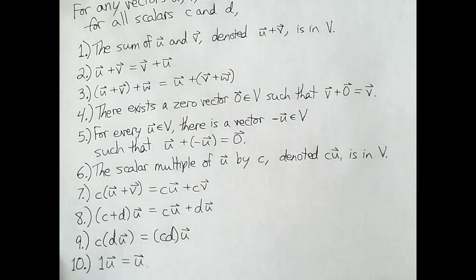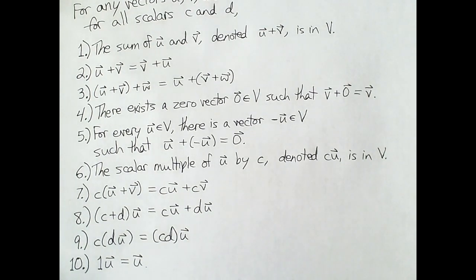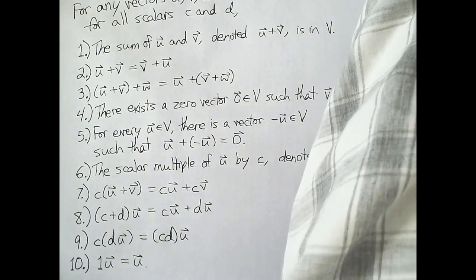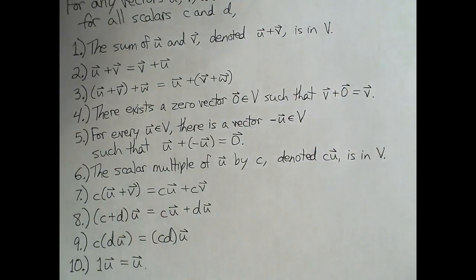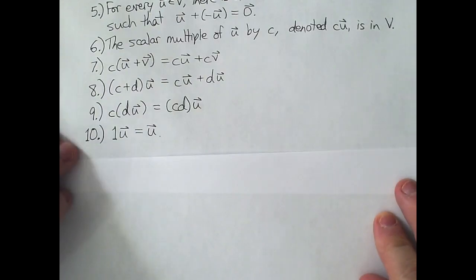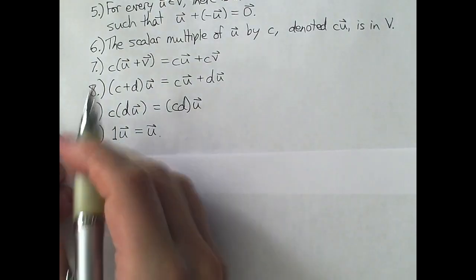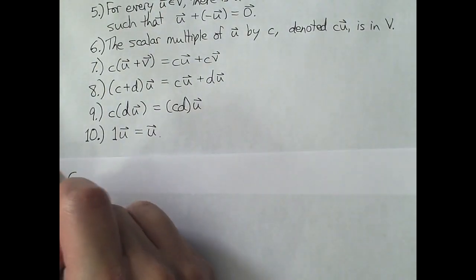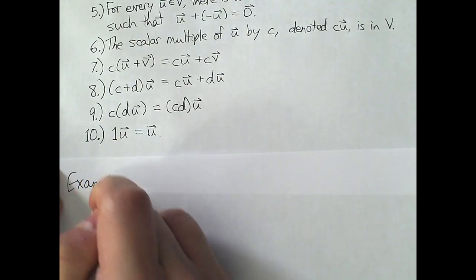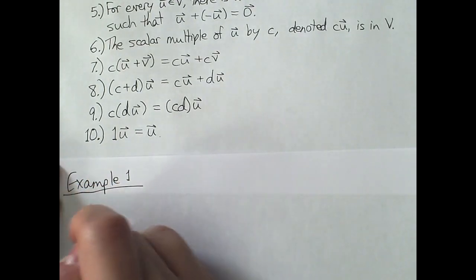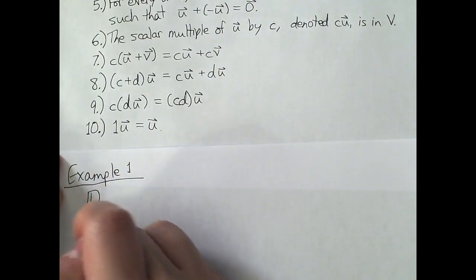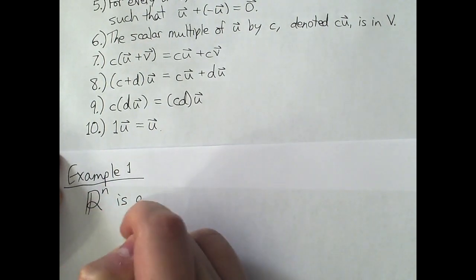So let's start seeing some examples of vector spaces. I think we need to see some examples. And example 1 of a vector space is that Rn is a vector space.